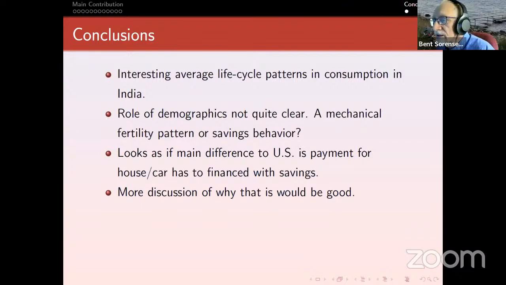You could even technically match it to the US, people who have the same demographic profile as in the US. And now we're keeping this constant, do the two things look the same? But it does look to me like the main difference is that you have to finance housing and cars with savings. But that's where I really wanted to know how the typical purchase of these big ticket items is done in India.